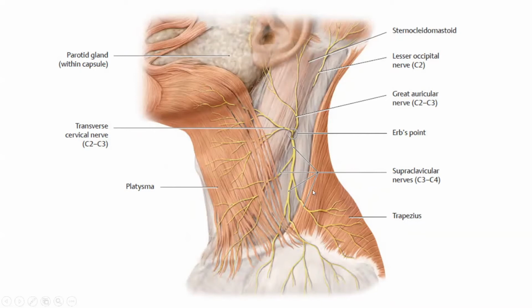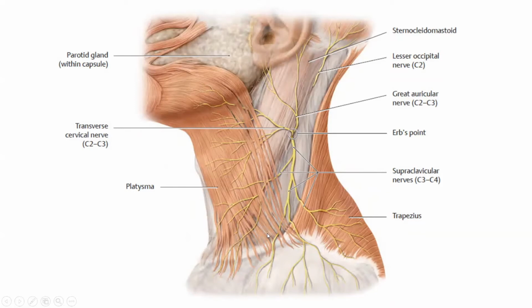Then the next branches are the supraclavicular nerves that, as I mentioned, are subdivided to the medial, intermediate, and lateral, and they are supplying the skin above and below the clavicle, so the supra and infraclavicular region.